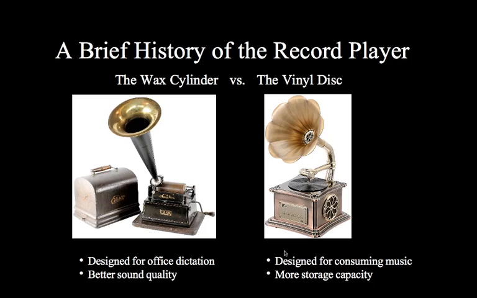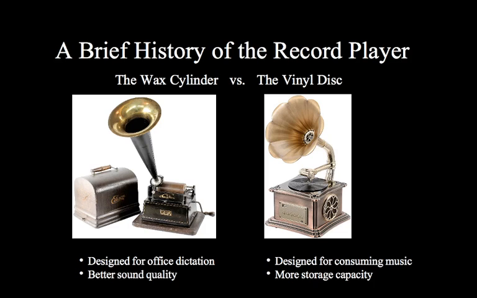The problem with the rotating cylinder is you don't have a lot of time that you can put on here. Like as it's rotating, it's less than 3 minutes. It's not a lot of time that you can get onto one cylinder. So they come up with a new design for how to write sound onto a surface. So what happens here is instead of having a rotating cylinder, we have a rotating disc.